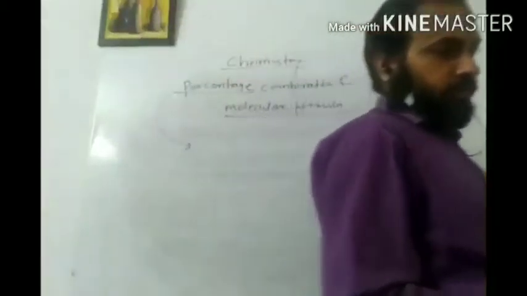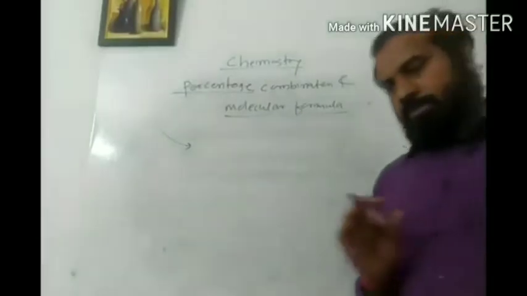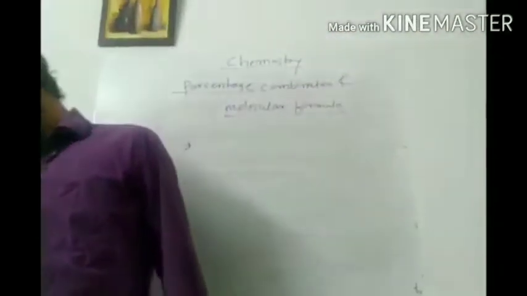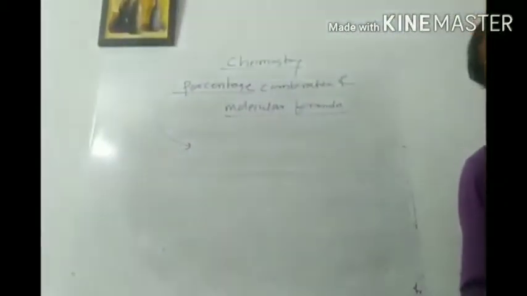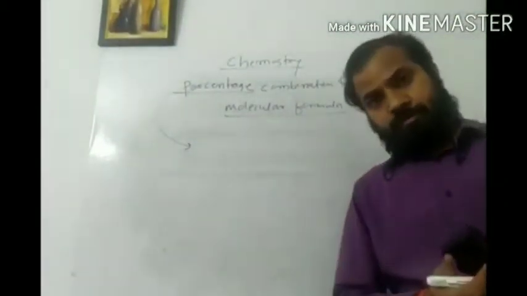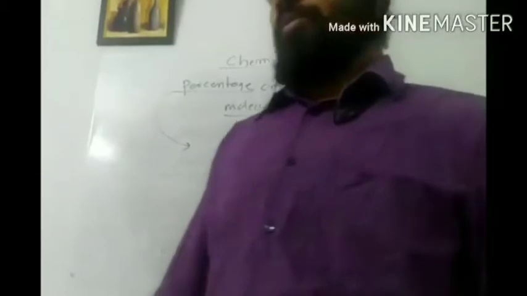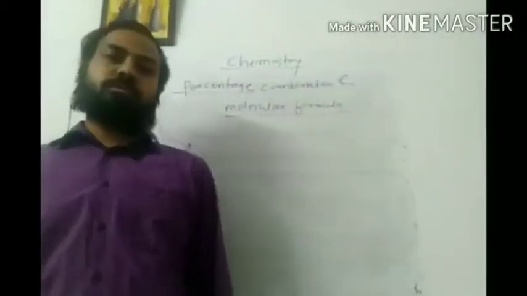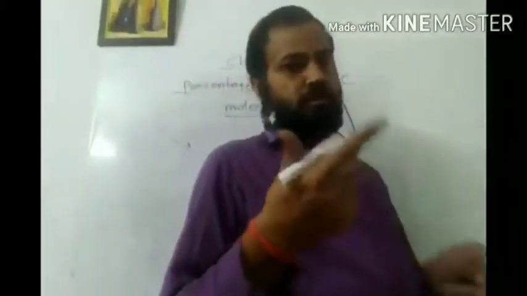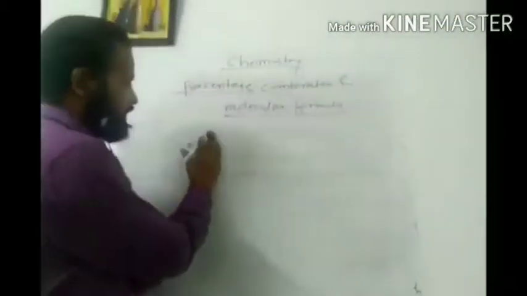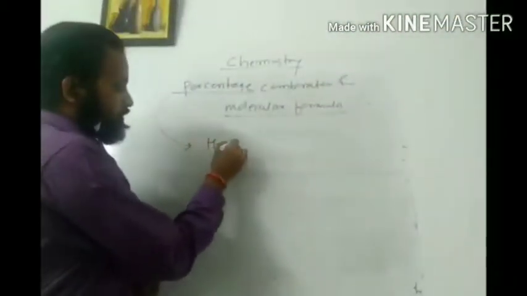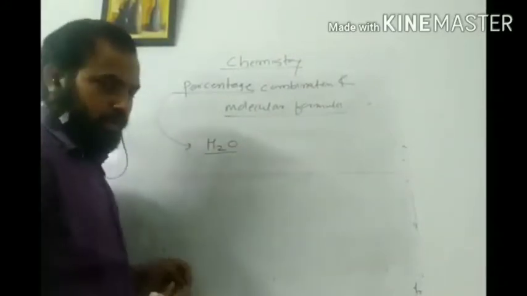For calculating percentage combination, we all know that molecules are made by combining atoms. We have studied the classification: homoatomic molecules and heteroatomic molecules, isn't it? When atoms combine, we get molecules. So what does percentage combination mean? For example, I am taking the simple example again, H2O.